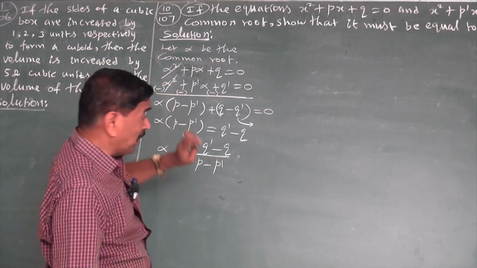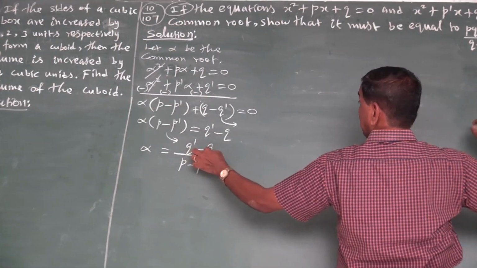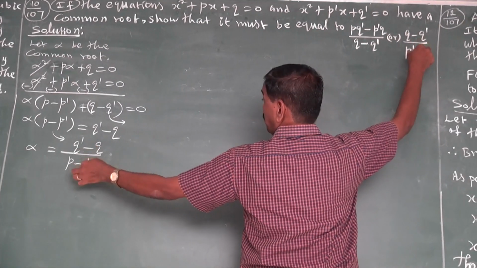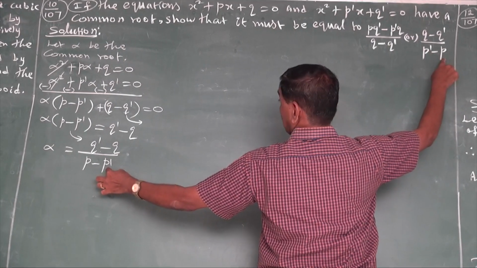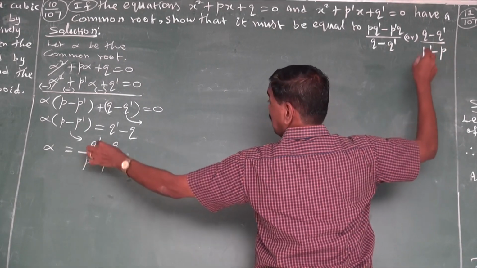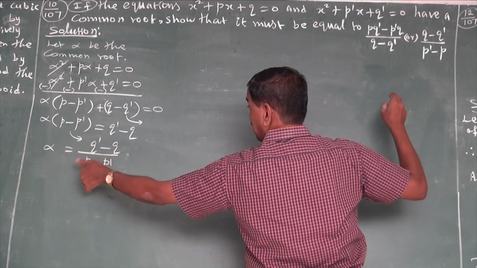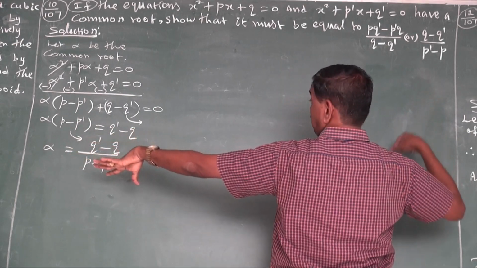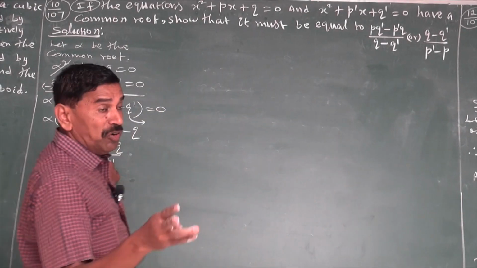Okay, now compare the available answer with the required answer. Available numerator is q dash minus q, but the required is q minus q dash. In the denominator, p minus p dash is available, but p dash minus p is wanted. So multiply both numerator and denominator by minus 1; the value will not change.